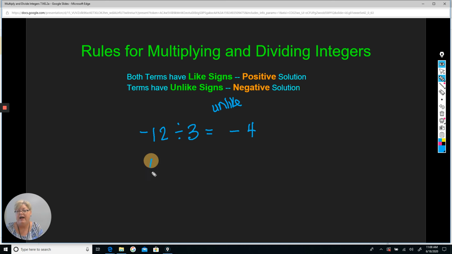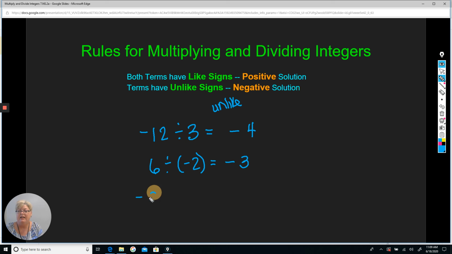Okay, so if I had 6 divided by -2, look at your problem. I have a +6 and a -2. Are those like signs or unlike signs? One's a positive, one's a negative, so they're unlike signs, so that's going to give me a negative solution. 6 divided by -2 is -3.